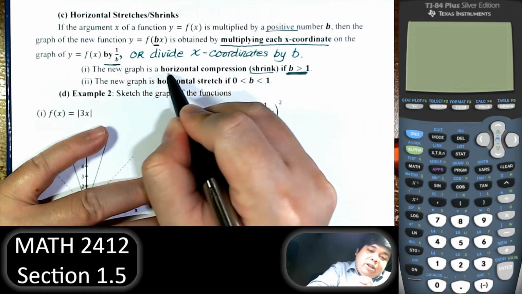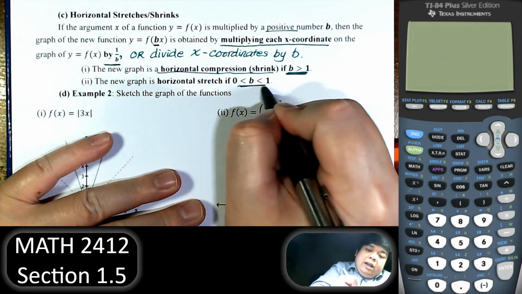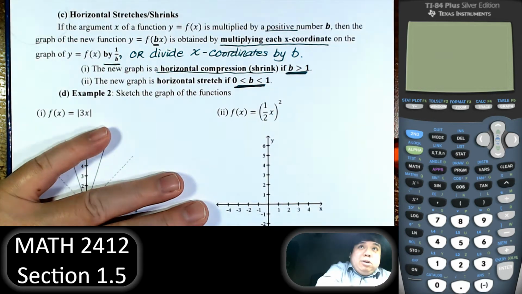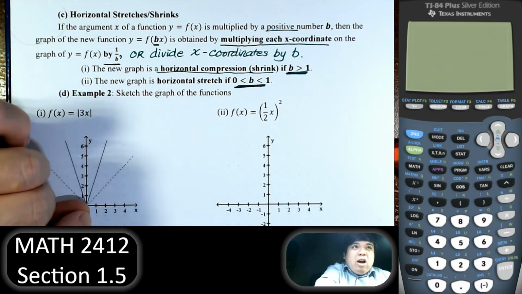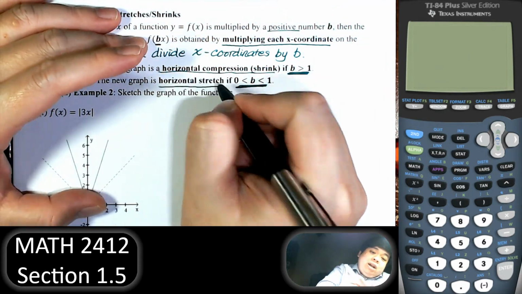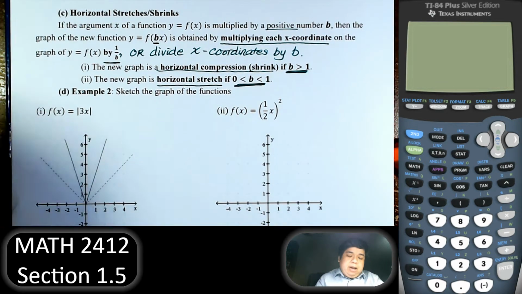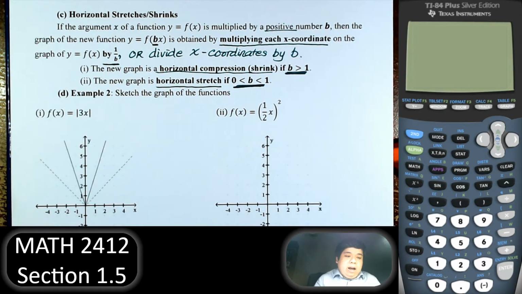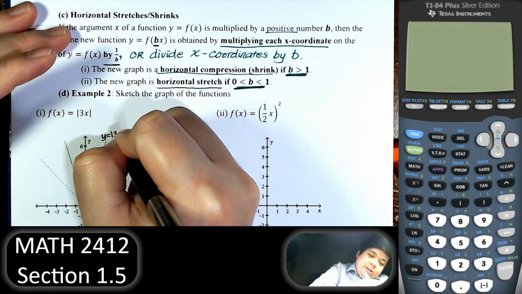Therefore it shrinks. And if we have a number between 0 and 1, like 0.5, dividing by 0.5 is the same thing as multiplying by 2, and that will stretch because we make it bigger. Right, next, let's look at the graph f of x equals the absolute value of 3x. So this is the absolute value of 3x.